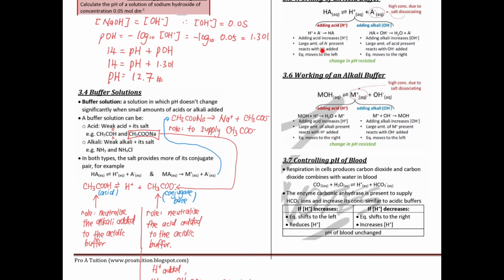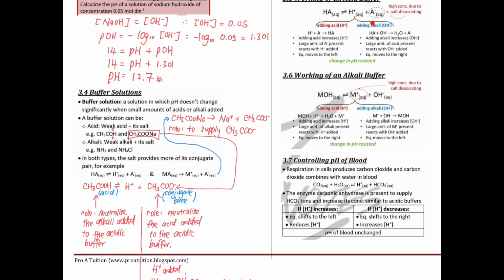Your H plus is the customer that I said just now. When H plus is added, who is going to entertain this H plus? The A minus will go and combine with it to form the acid molecule. Equilibrium moves to the left, something like this.